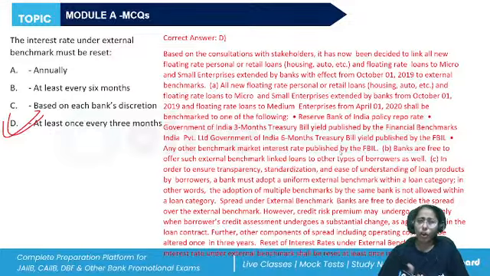Banks cannot offer different benchmarks under the same loan category. Adoption of multiple benchmarks is not allowed. All right. So the interest rate under the external benchmark shall be reset at least once in 3 months, and the other components of the spread, the operating cost, should be altered once in 3 years. These are the 2 points.